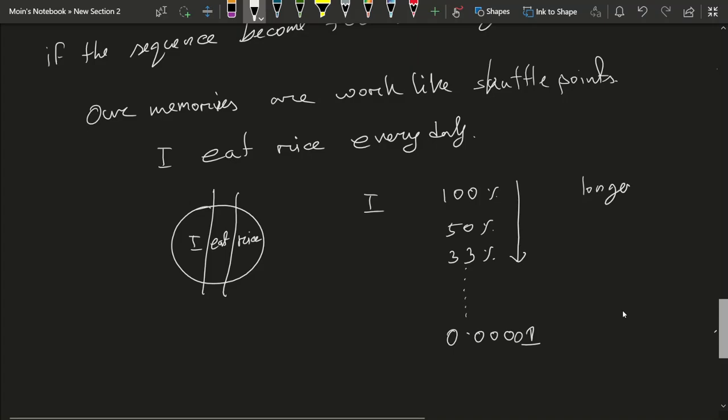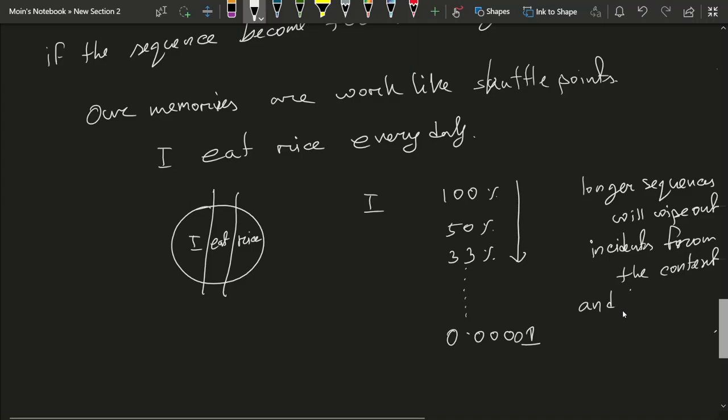So longer sequences will wipe out incidents from the context.